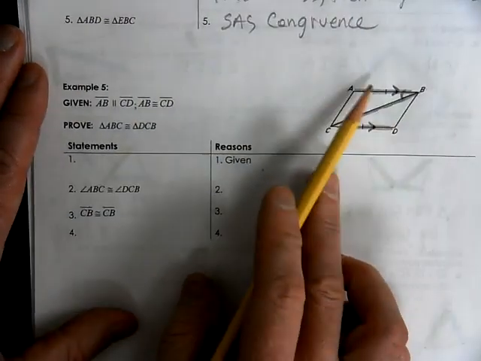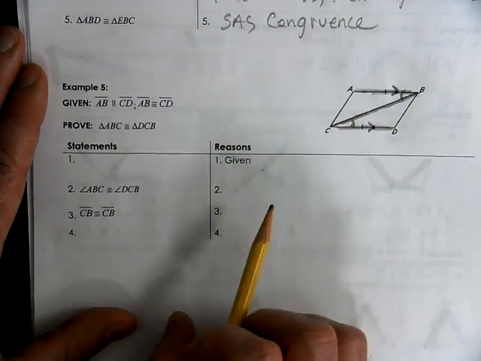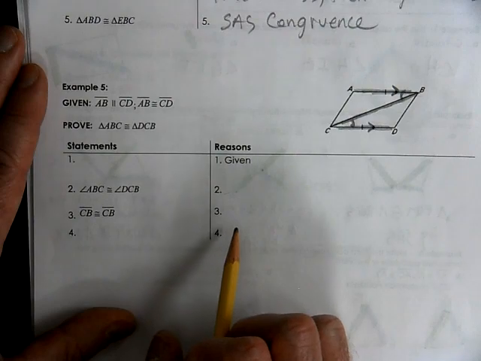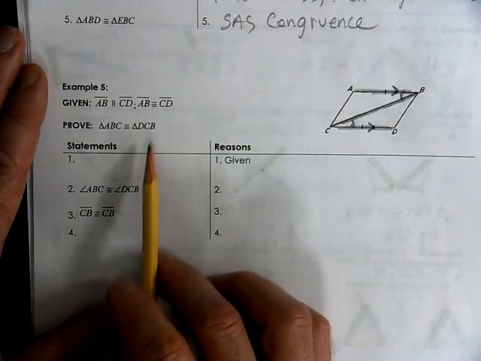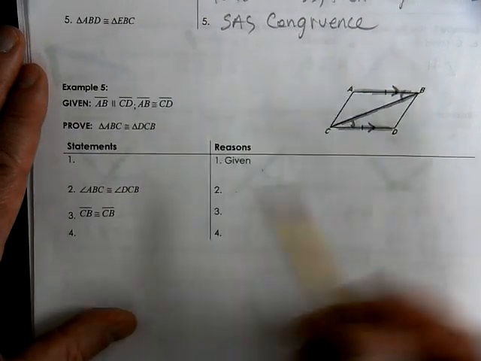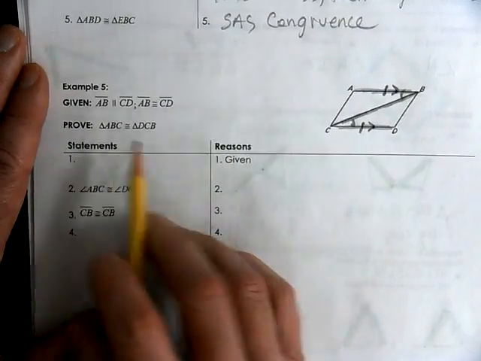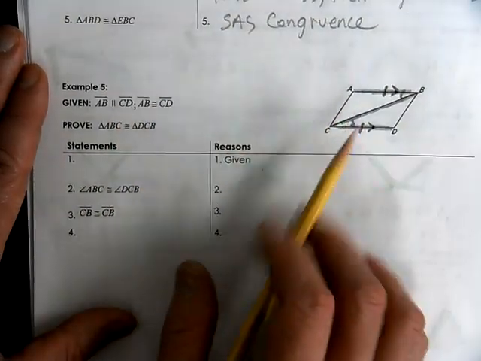Notice that we're trying to do this proof before we start filling it out. We're making a plan. Create a plan before you do your proof. Convince yourself this is possible. You have a pair of sides congruent. That's the one tick mark. Just because they're parallel does not make them congruent, so they had to tell us they were congruent.